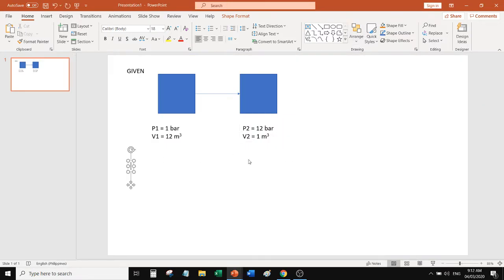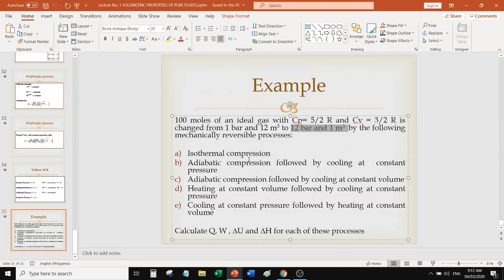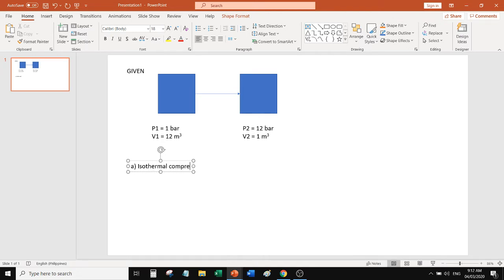The first process is isothermal process, isothermal compression. So the temperature is constant.